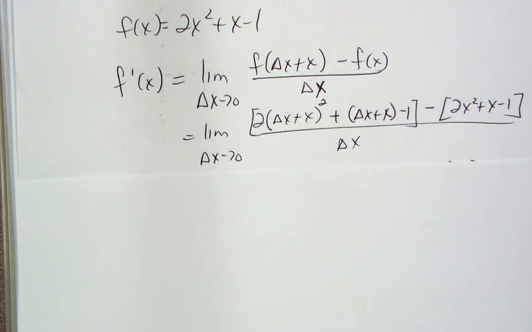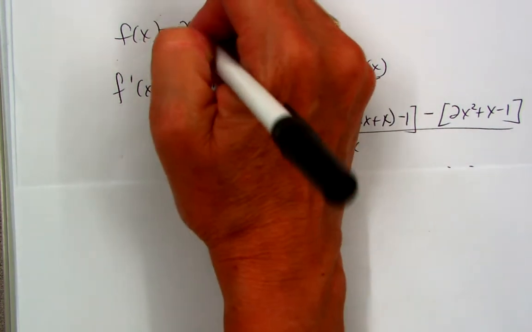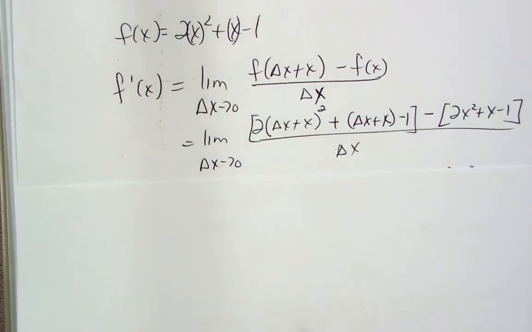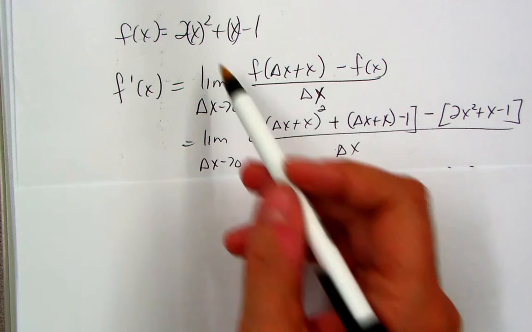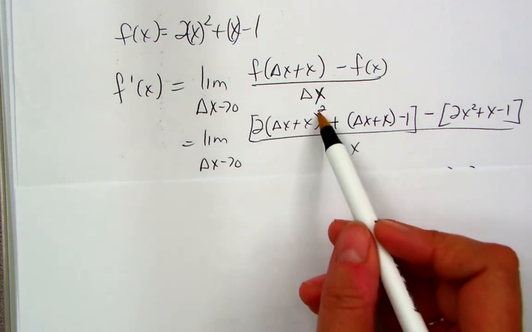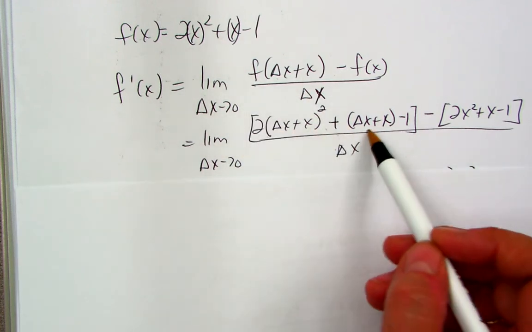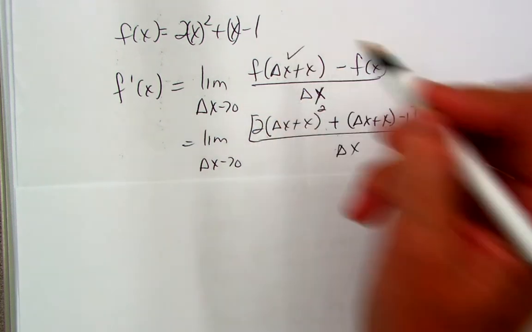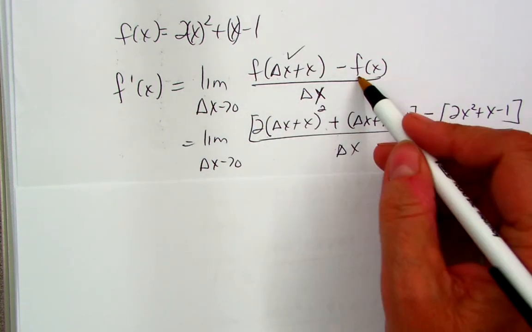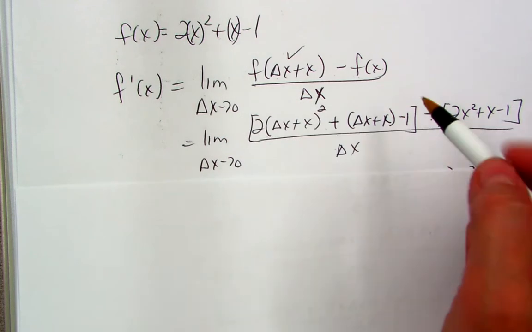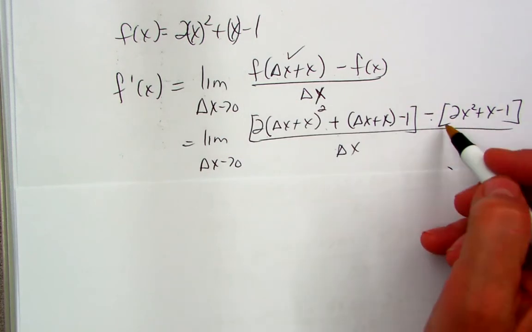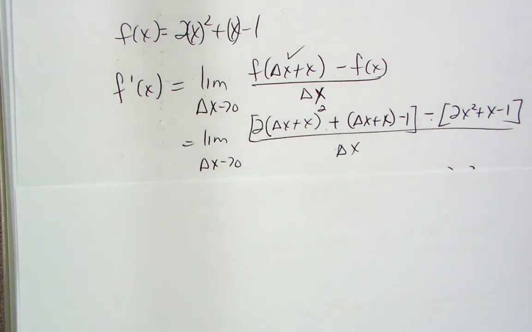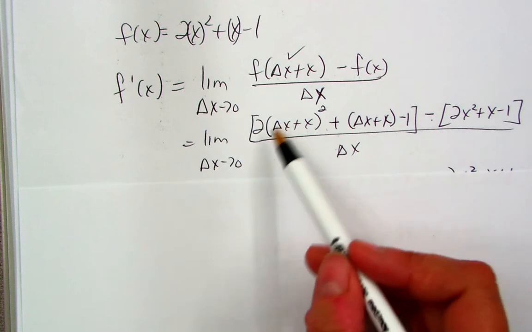Wherever I see an x, I'm going to make a parenthesis and put in my delta x plus x. So 2 times the quantity delta x plus x squared plus delta x plus x minus 1. That's just this piece. Minus f of x just the way it's written, but remember to put parentheses or brackets around it.